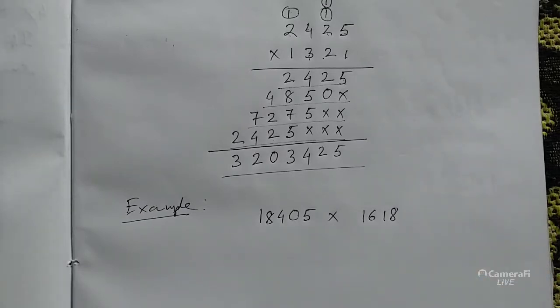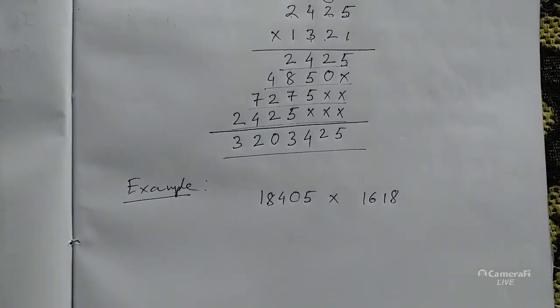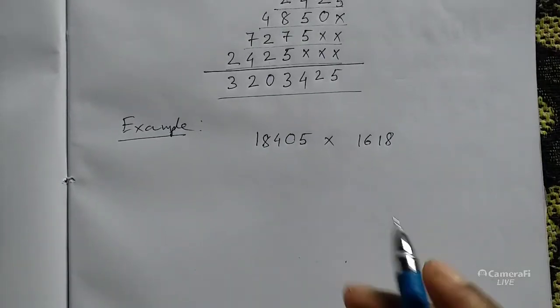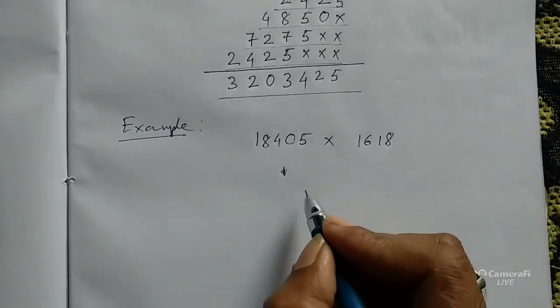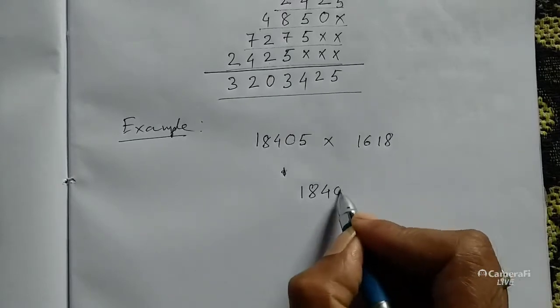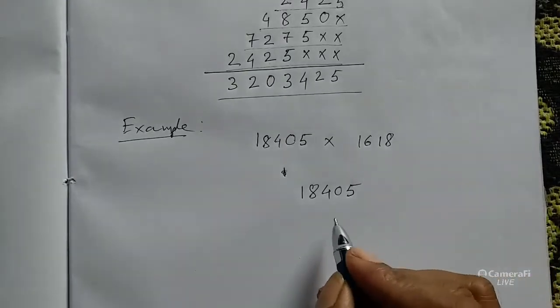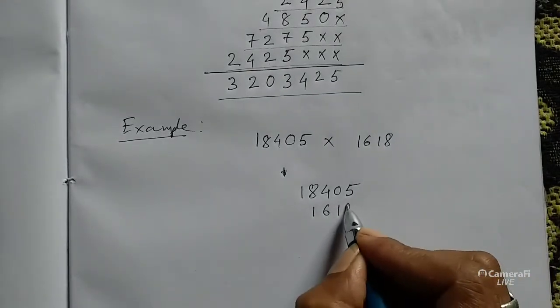Okay. So here the multiplicand is of 5 digits, but the multiplier is of 4 digits. Let us arrange it first in proper columns. 18405, 1618.